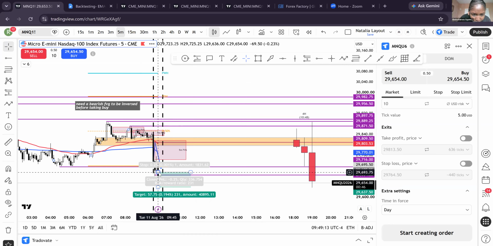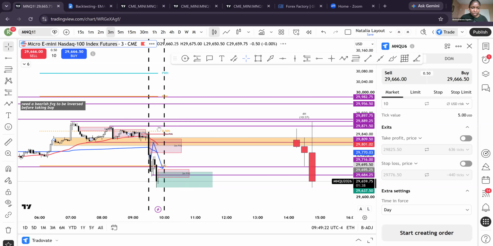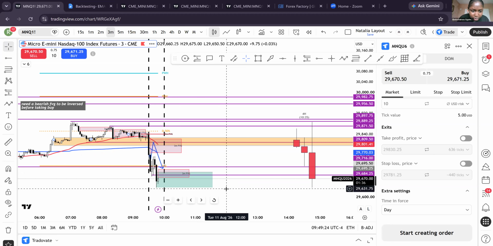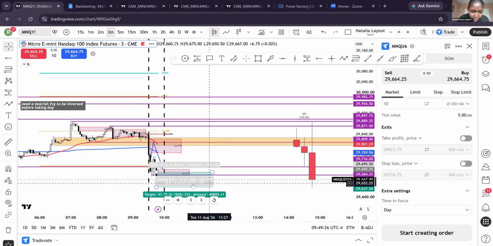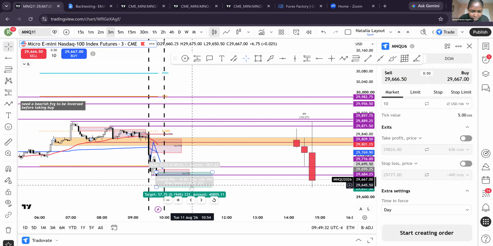Guys, is this a one-to-one or is this just me? I don't know. I think this is it. The risk to reward is 231. That doesn't even make sense. I don't know, I have to figure out my settings.